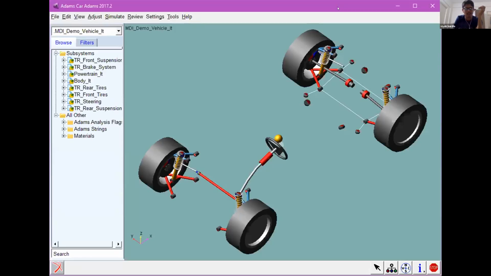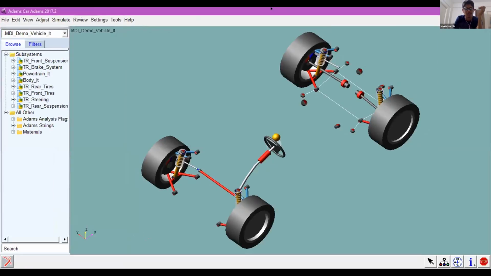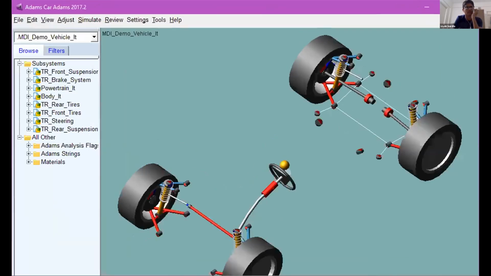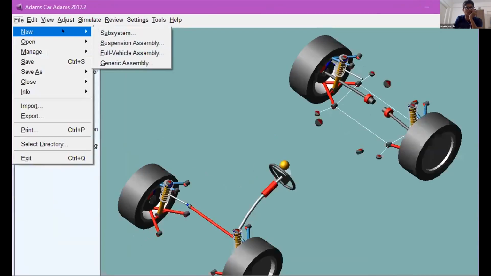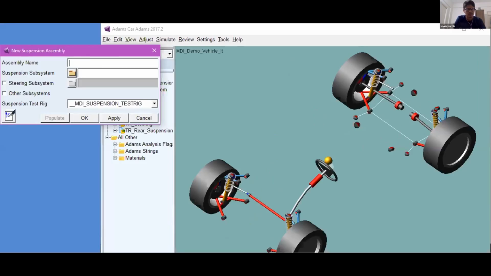Okay, fine. Let's do this. Let's start off with the suspension assembly. Let's just call this test.